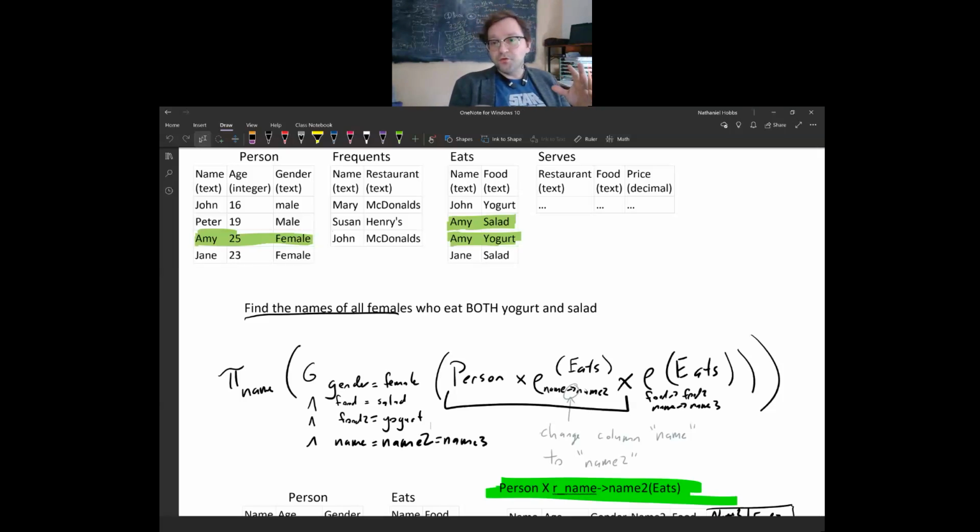Now, if you cross multiply that again with the eats, that will allow you to write a select in this way, where you can check two different values of foods, because in this one column of eats, you can't check for more than one value. And this is going to be something that will come up again.